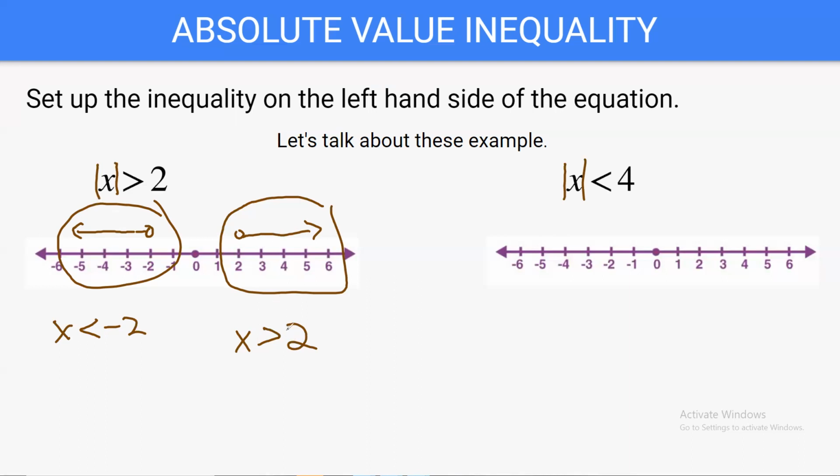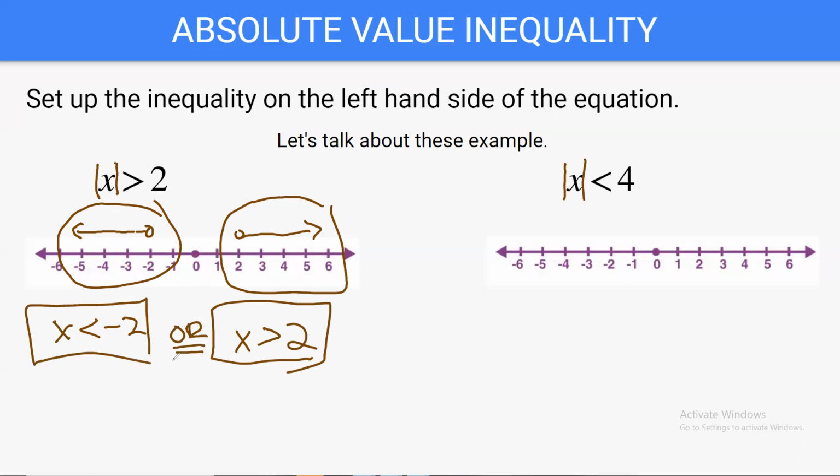If it's 4, it's greater than 2. 5 is greater than 2. 6 is greater than 2, right? Here, -4 is less than -2. -5 is less than -2, correct? So then that would be your answer with an or. This is an or statement because it goes away from each other.